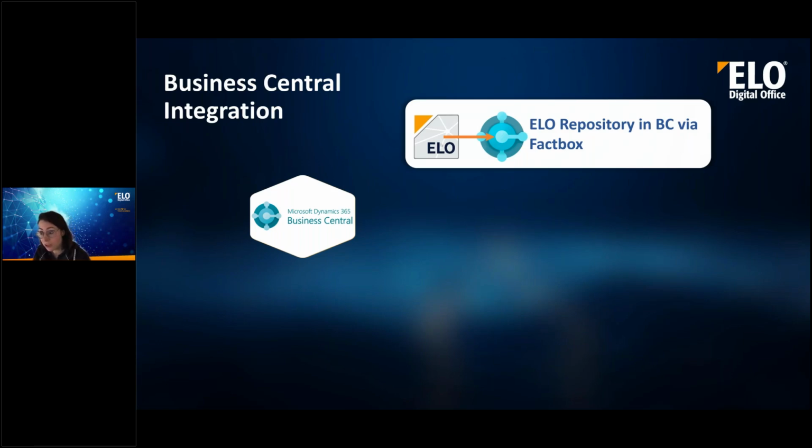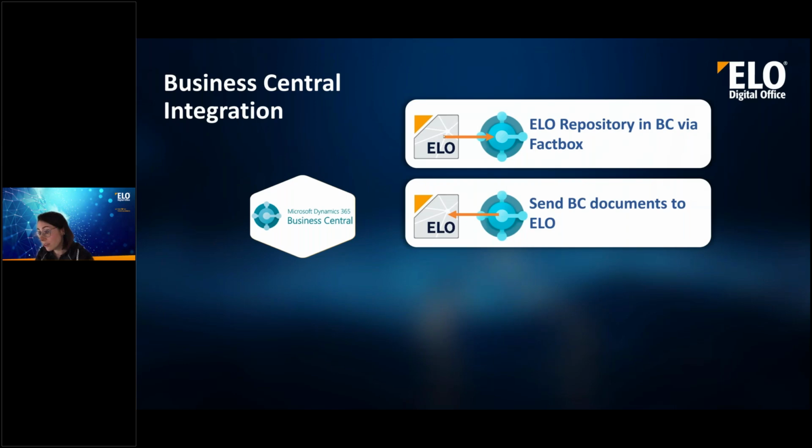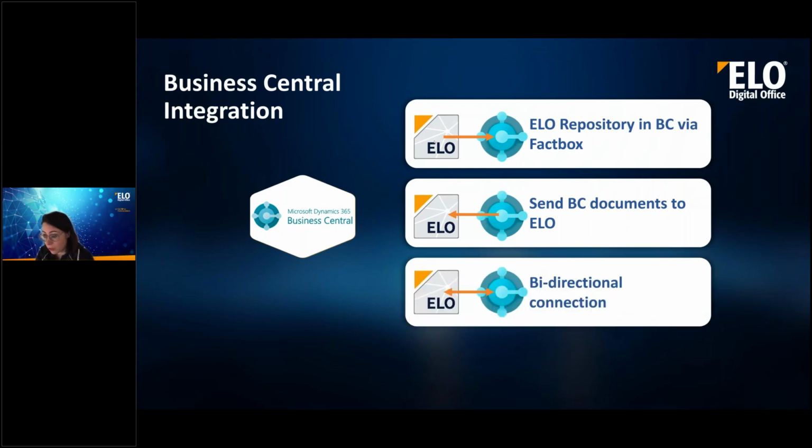The second functionality is that we can send documents directly from Business Central to ELO via a button or by posting our documents. I will show that to you as well. The last functionality, which is my favorite, is a bidirectional connection that allows us to publish all of our ELO information to Business Central.